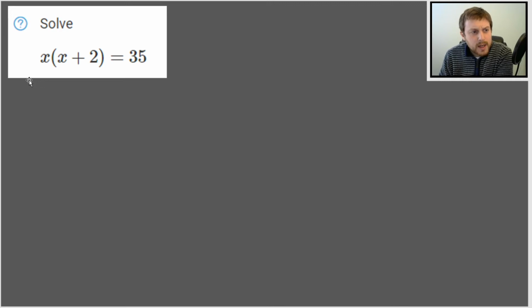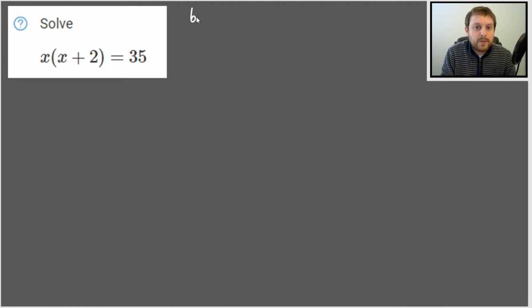Now you can actually get one of the solutions by observation, by just having a good guess. Look at the number 35. There's a really obvious factor pair that gives 35, and that is 5 times 7. If x was 5, then this bracket here would be 5 plus 2, which is 7, and you'd have 5 times 7.